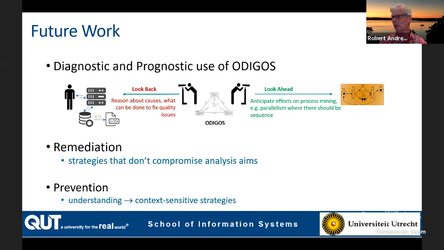But importantly, if we understand the process mining context in which we're working and ask the right questions about IT systems and culture and the users and so on, we can anticipate effects on the process mining analysis and take steps to deal with those beforehand. We also look to providing guidance for remediation and prevention based on understanding context strategies.